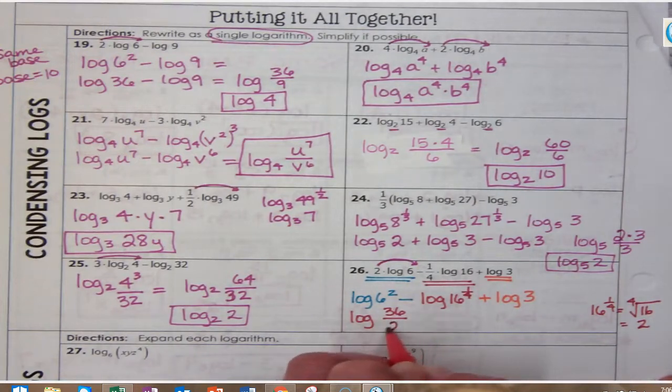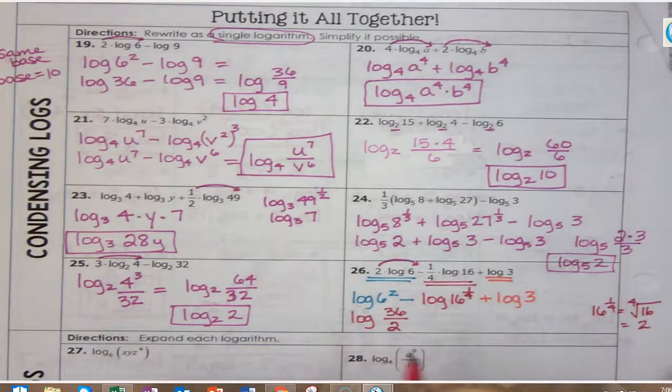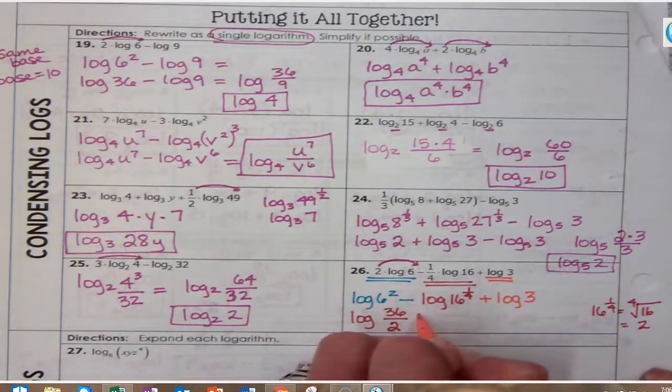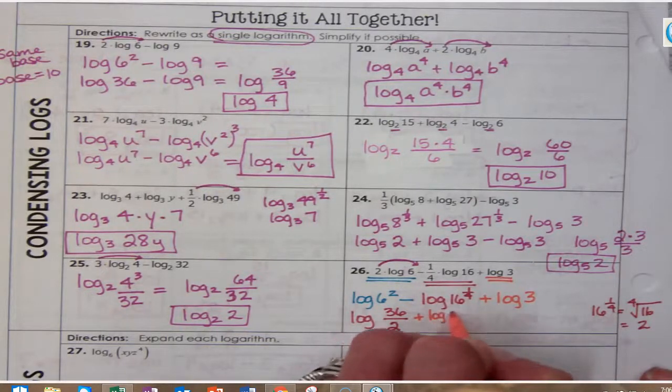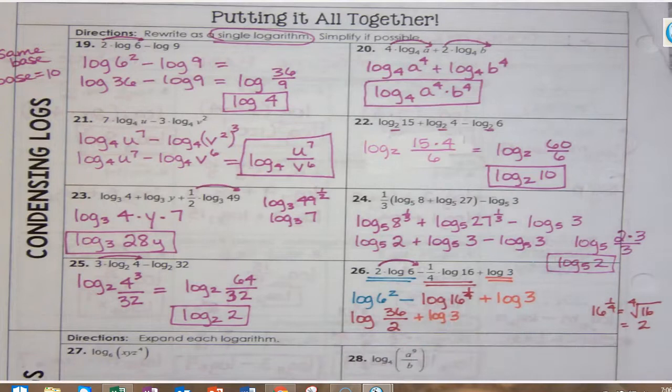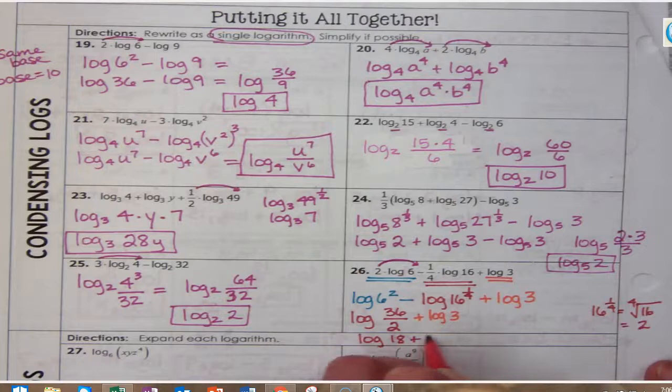So 36 divided by 2, and then plus log base 3. So we're going to get log 18 plus log 3.